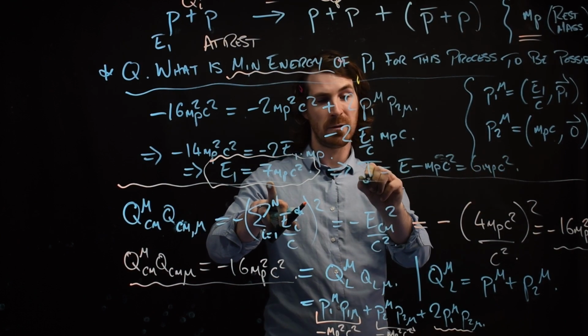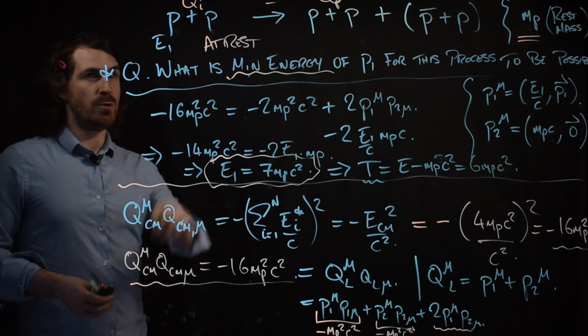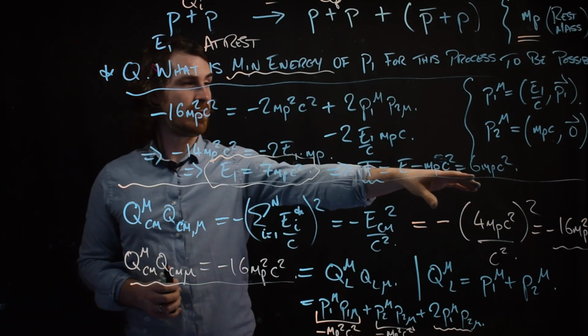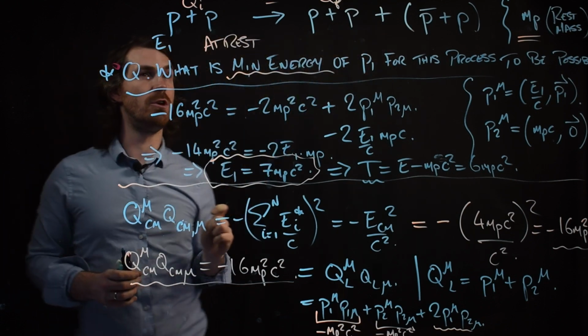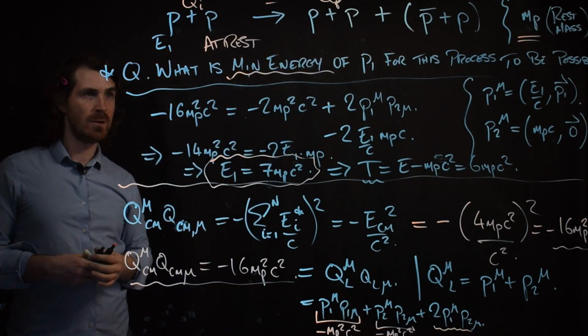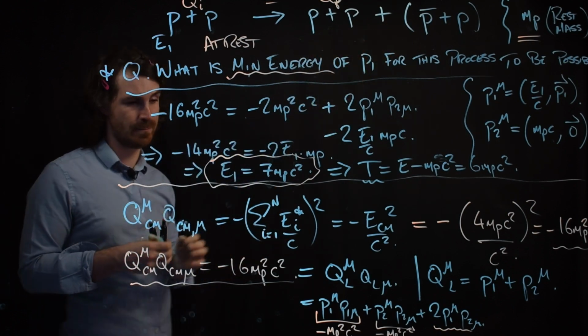So this is the minimum kinetic energy. If you have a proton that has less kinetic energy than 6 mp c squared, this process will not be possible, because you won't have enough energy even to create the four masses.